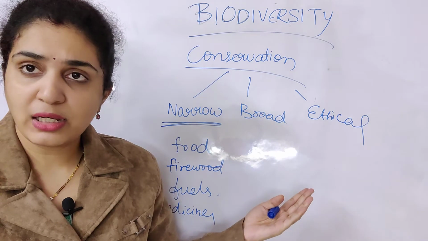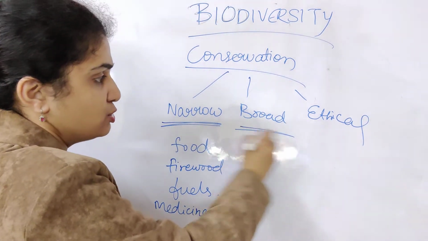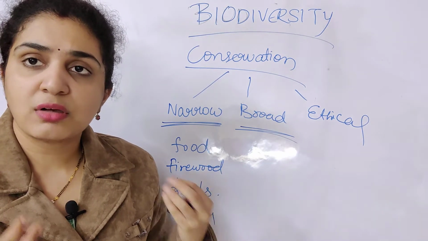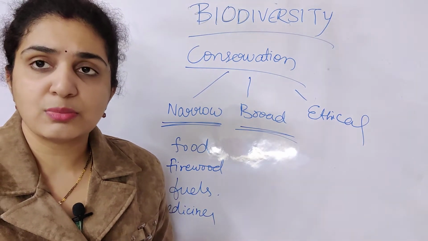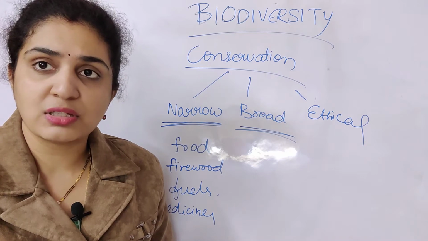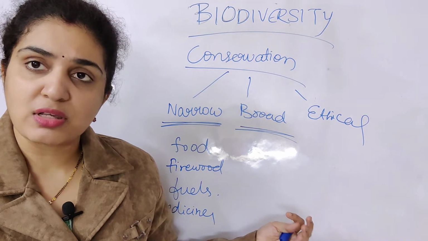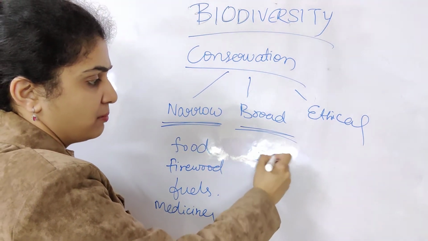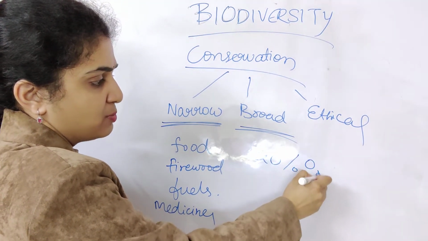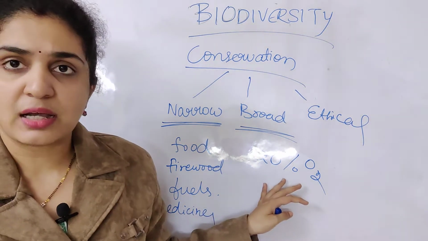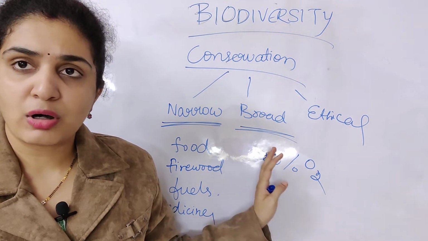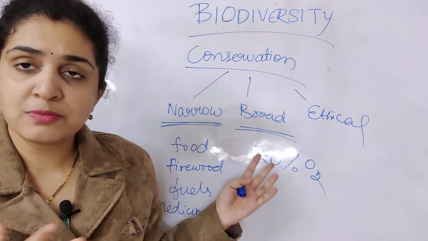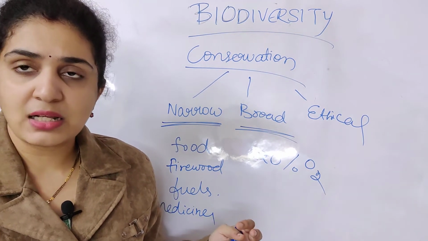And in broad utilitarian, how is this useful? Suppose we think of oxygen. By the process of photosynthesis, the Amazon rainforest produces about 20% of the total oxygen in the atmosphere. Means in the narrow point of view we are thinking of food, all the basic needs.